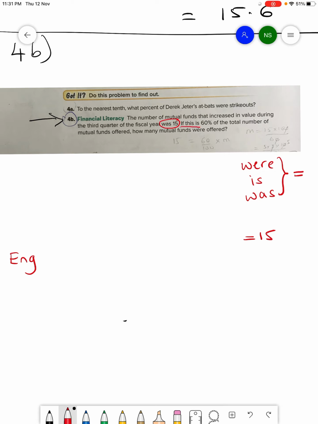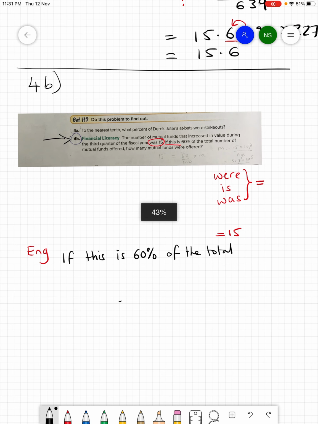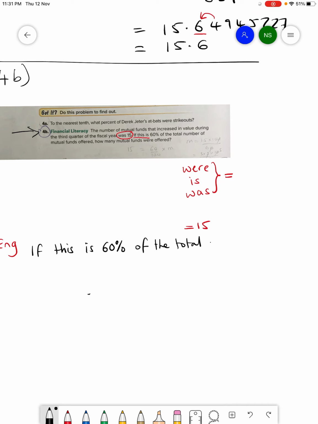If this is 60% of the total, let's write that. If this is 60% of the total number of mutual funds offered, how many mutual funds were offered?